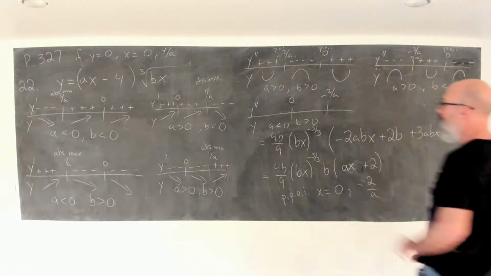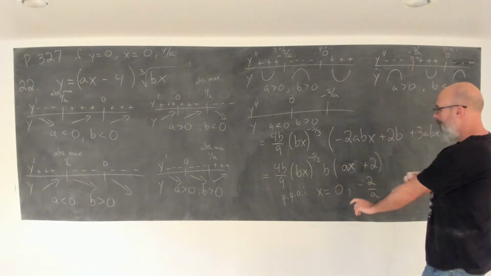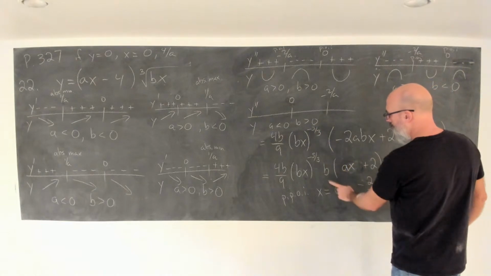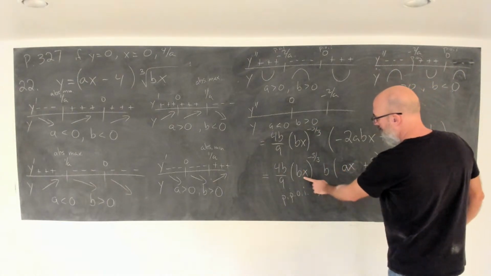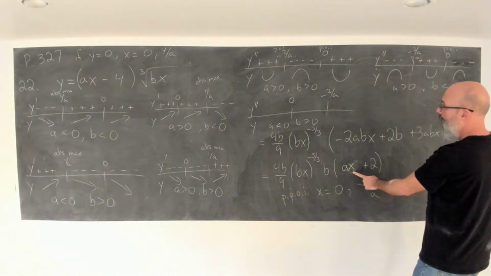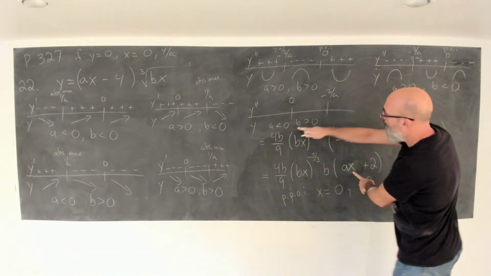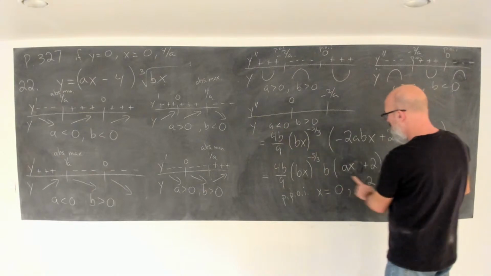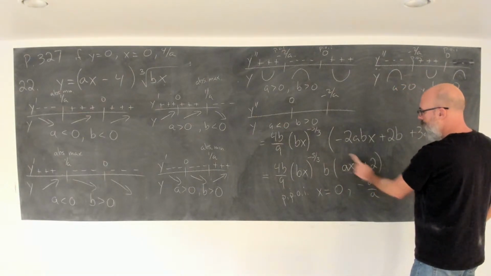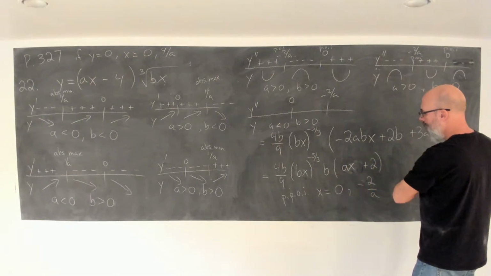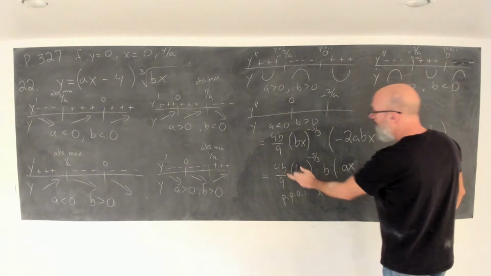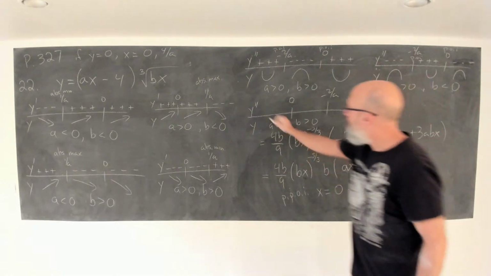B is positive, so all of these things are positive. When X is negative, this is negative. And since A is negative and X is negative, then this whole thing is going to be positive. So positive, positive, negative, positive makes everything negative.